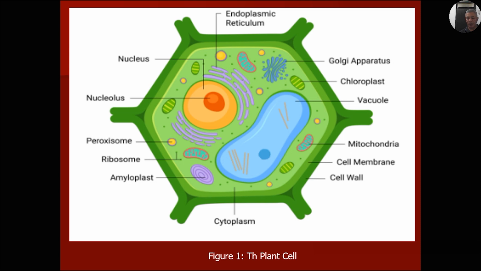The cell membrane plays an important role in regulating the entry and exit of specific substances within the cell. For example, the cell membrane keeps toxins from entering inside, while the nutrients and essential minerals are transported across.